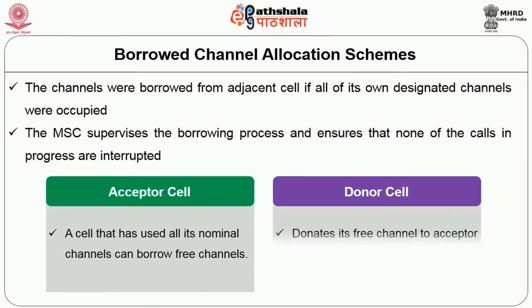The cell which asks for the channel is known as the acceptor cell, and the cell which provides the channel is known as the donor cell. That is, the acceptor cell would be one in which all the nominal channels have been exhausted, and the donor cell is one from which the channels are borrowed to accommodate new calls.